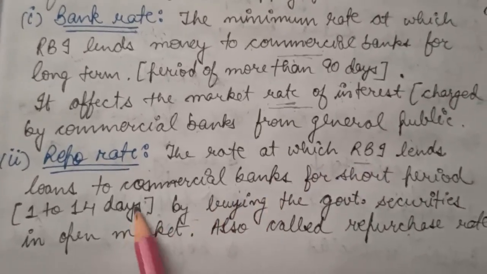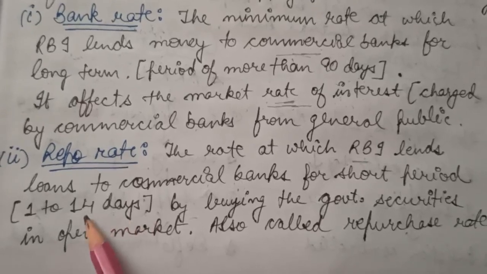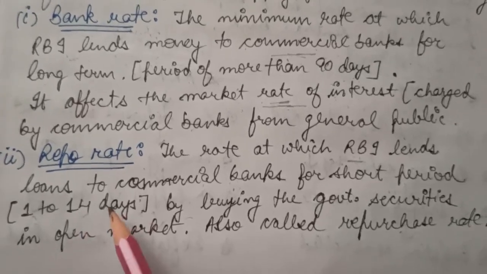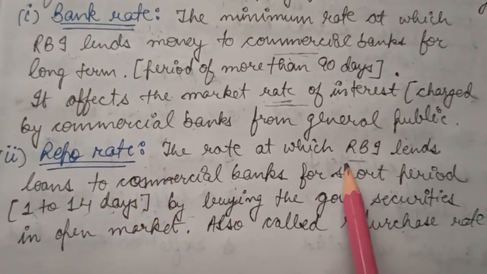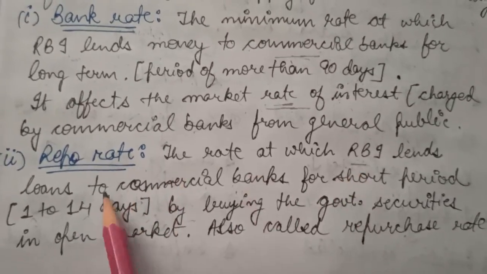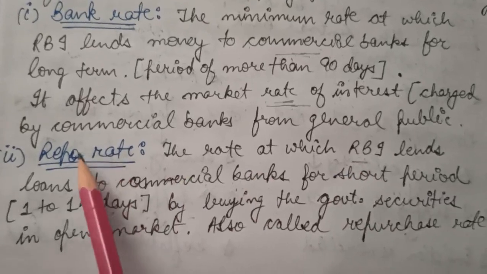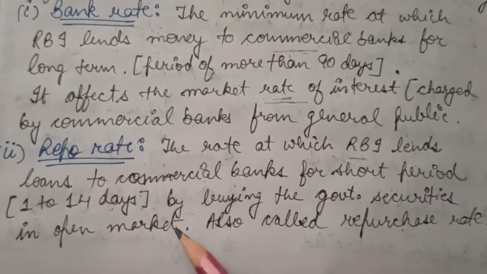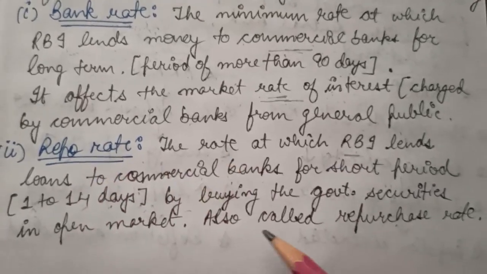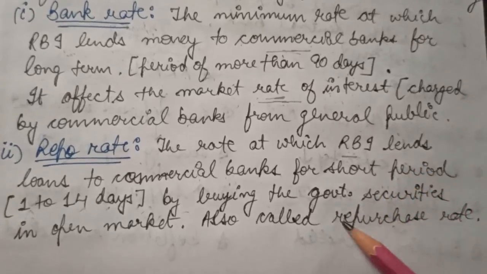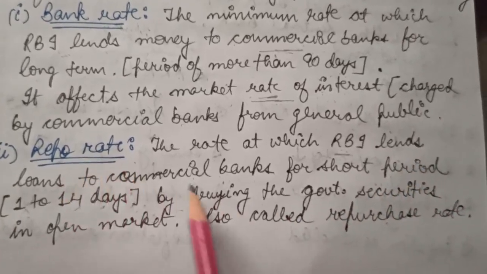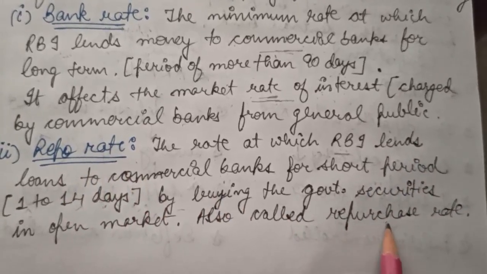That is, suppose as a commercial bank I have taken a loan for 14 days, and after 14 days I will repurchase my securities from the RBI. That is why this rate is known as a repo rate. Now which securities will I repurchase? The ones I gave to RBI at the time of the loan as security. That is why this rate is also known as repurchase rate.